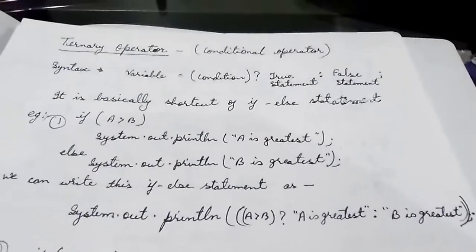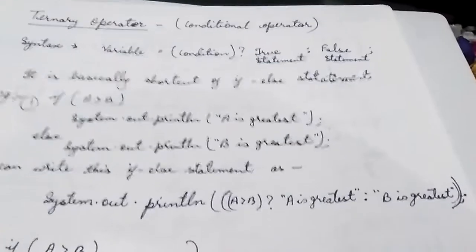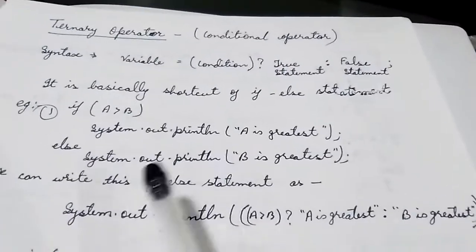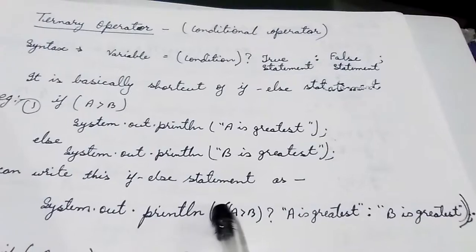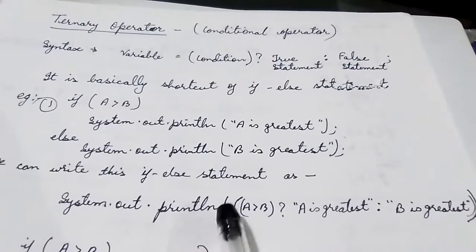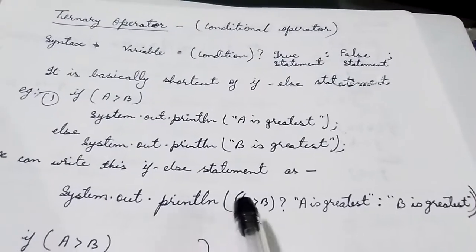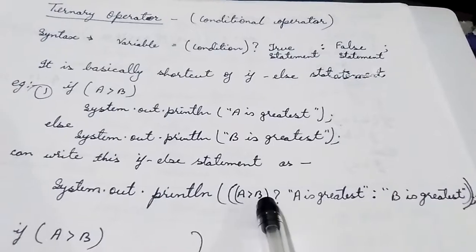This is important to understand because, based on this, a question was already asked in 2018. Inside the System.out.println we will write, now this parenthesis is the function parenthesis of println, so we will put one more parenthesis to enclose the entire expression.